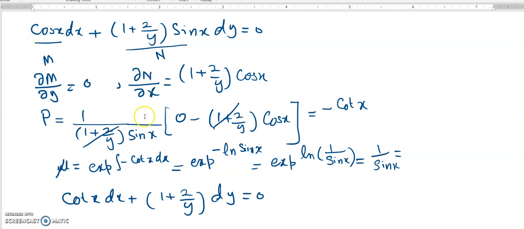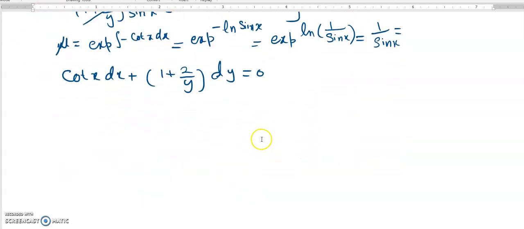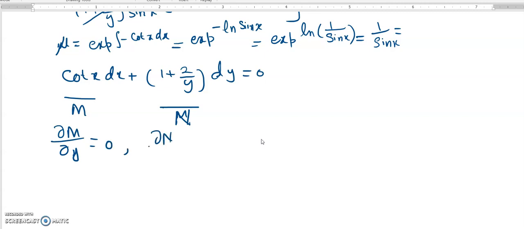Now this new equation should be exact. If this is M and this is N, partial M over partial y is 0, and partial N over partial x is also 0, because N is a function in y only. So both are zeros. This is an exact equation.